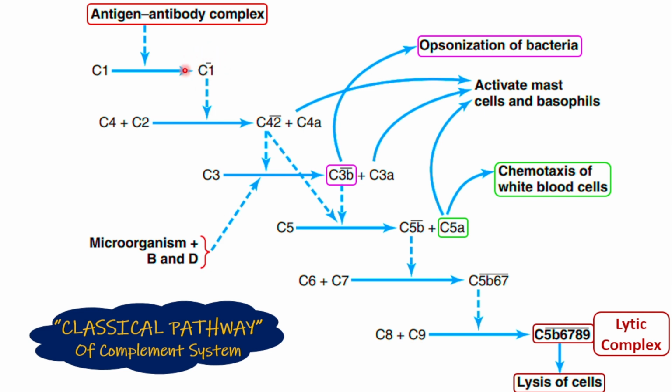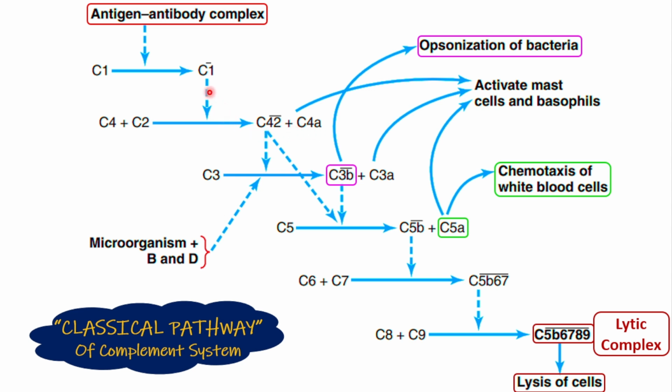And who will convert it? The antigen-antibody complex will convert it. And now this activated C1 will activate the C4 and C2 enzyme precursors, and they will be converted into their active forms, C42 and C4a.